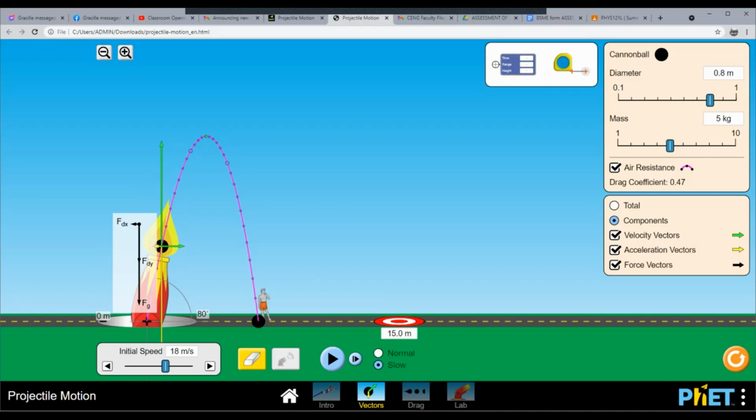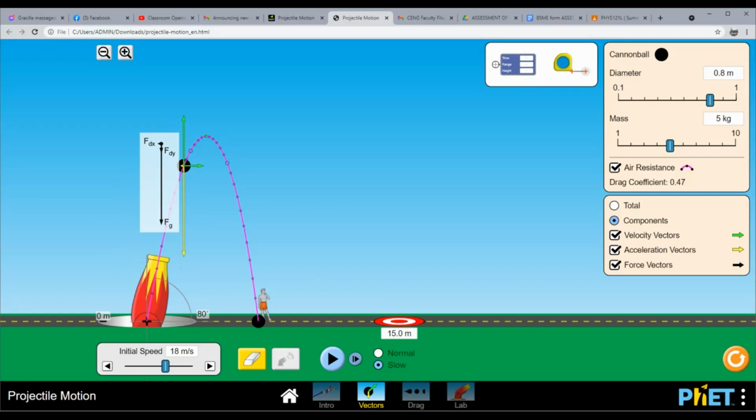You would notice there are the vectors. You have f dx, f dy, d sub y, and then you have fg. What happens when you go at the peak?